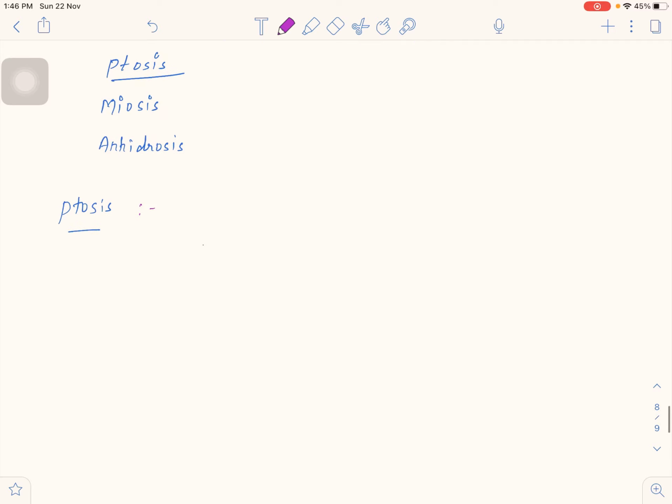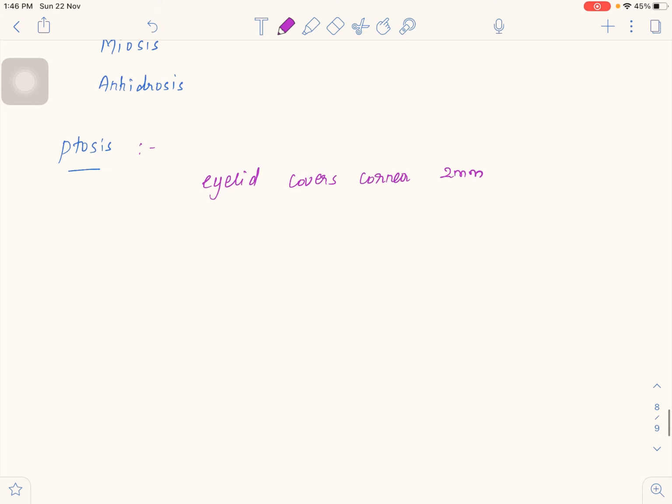So normally the eyelid covers the cornea by 2 millimeters. In ptosis, it's more than that.